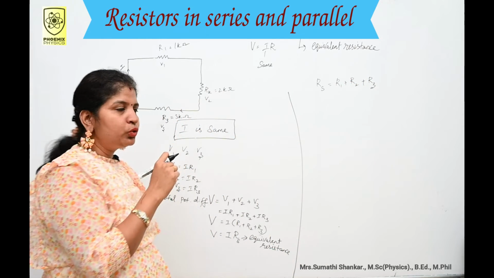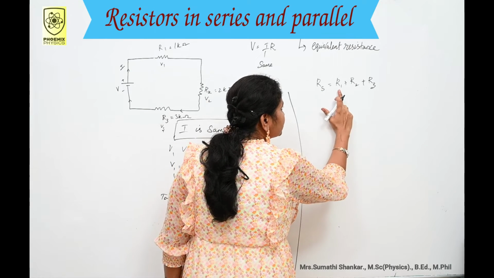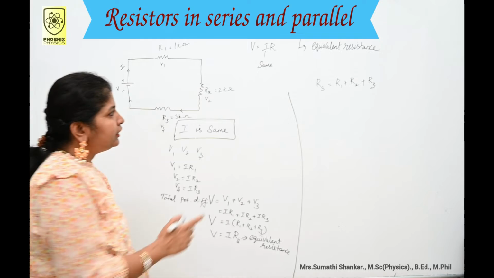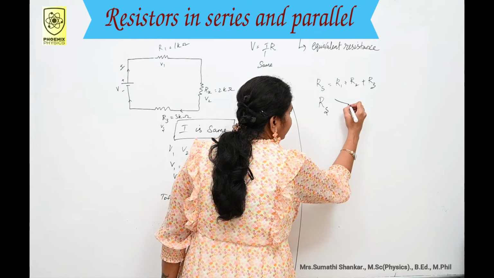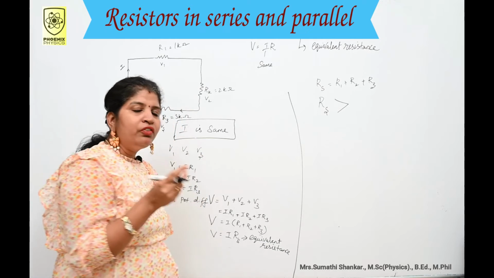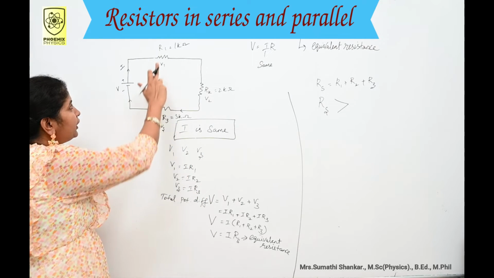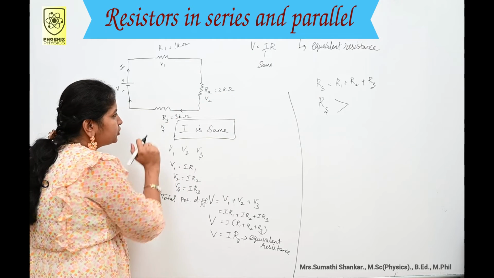Then what is your conclusion? Equivalent resistance is equal to the sum of individual resistances. Here the value of equivalent resistance will be greater than the value of individual resistance. What is the meaning? See, here R1 is 1 kilo ohm, R2 is 2 kilo ohm, R3 is 3 kilo ohm.